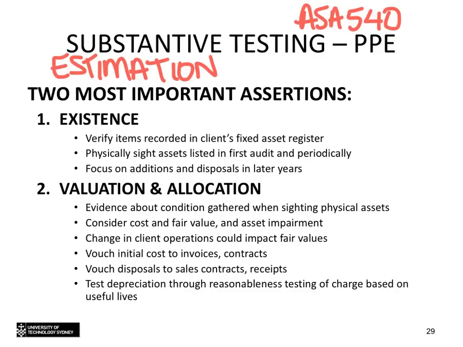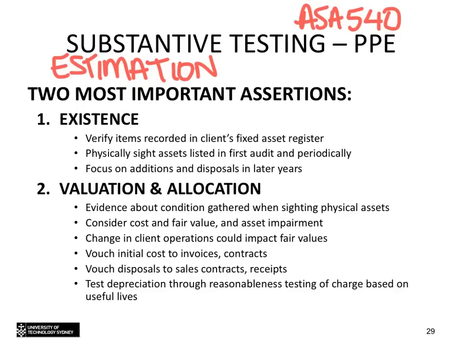All right, because a computer that we think, right now it's top of the line, so when I salvage it, I think I should be able to get $500. Something brand new and fancy gets developed, and suddenly it's worth $100, and we need to adjust. So there's a lot of estimation. Management make their judgments on useful life and salvage value and what goes into the original cost, and we need to evaluate whether their judgment is appropriate.